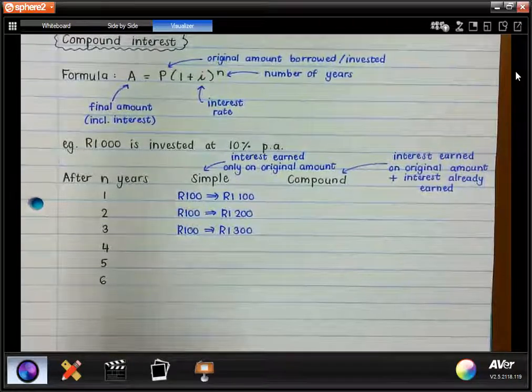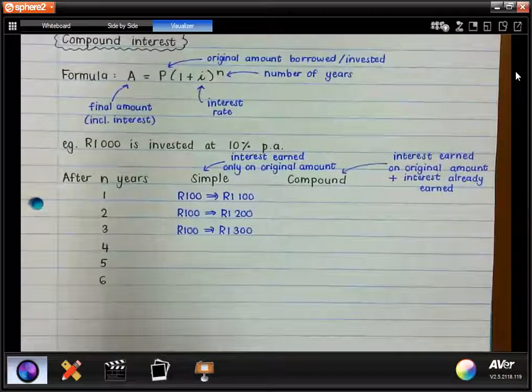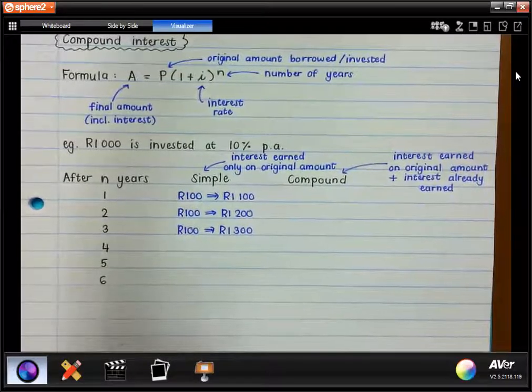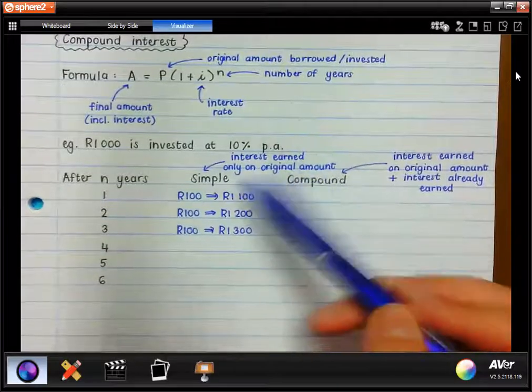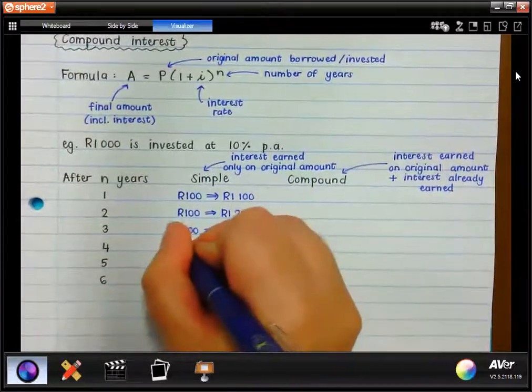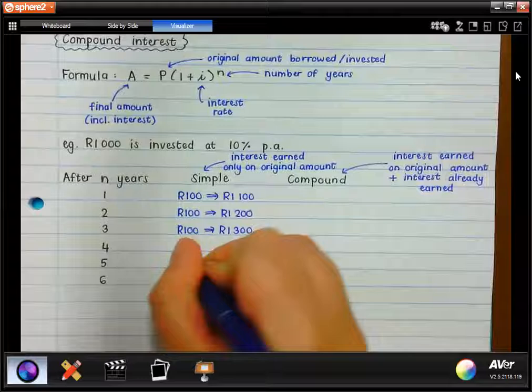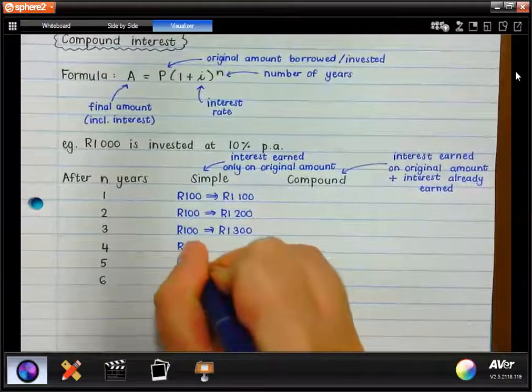And the same thing is going to happen every year, guys. If you're just earning interest on the original amount, you're going to earn the same amount of interest every year. I hope that makes sense. Because every year it's just 10% of 1,000. It doesn't matter how much money is in that account at that point. It's always calculated on the original amount. So again, we're going to earn 100 Rand. Next year, 100 Rand again.